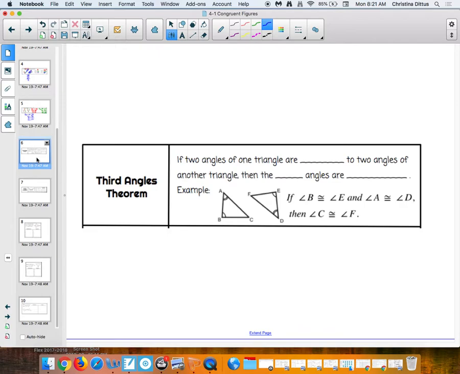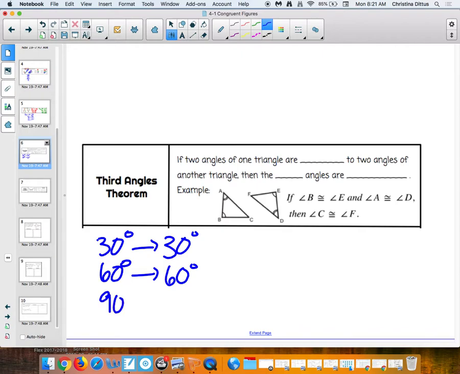If I have a triangle that has, let's see, 30 degrees, matches to one that's 30 degrees, and then I have one that's 60 degrees, and it matches to 60 degrees, don't triangles always add up to 180? Yeah. So whatever's left for this one has to be left for this one.